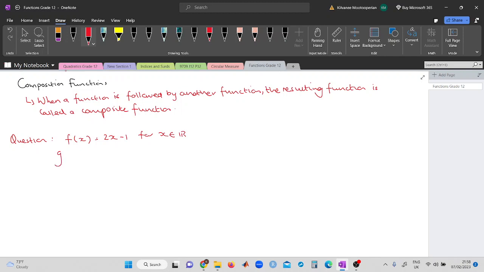Ça c'est première fonction. Deuxième, g of x égale x squared plus 5. Ici aussi x is an element of real number. Donc firstly on me dit de trouver f g of x, deuxième g f of x, troisième f squared of x.